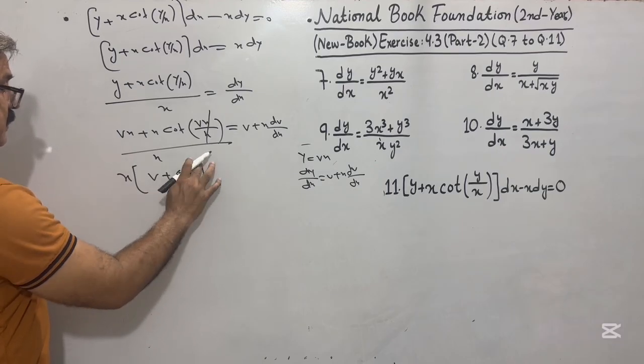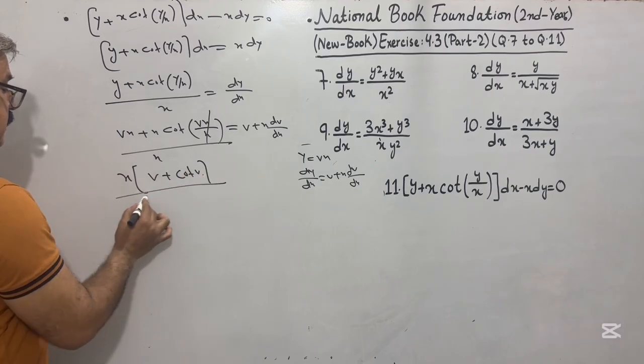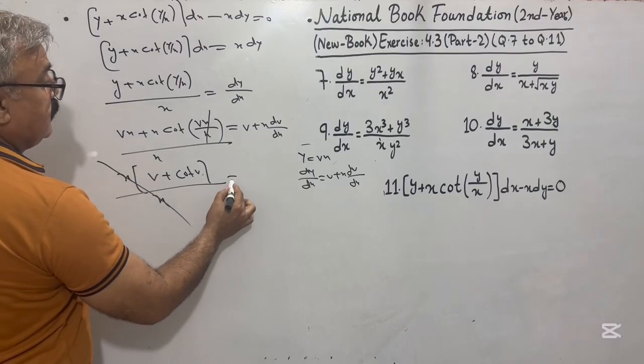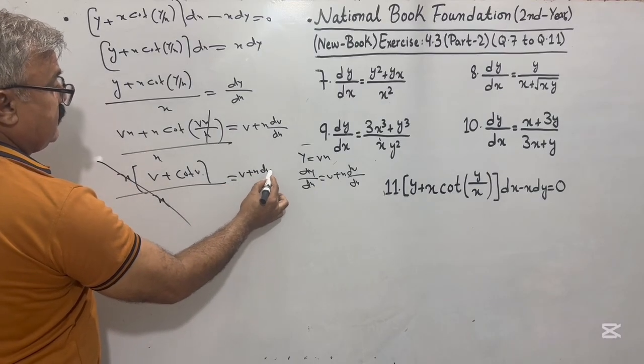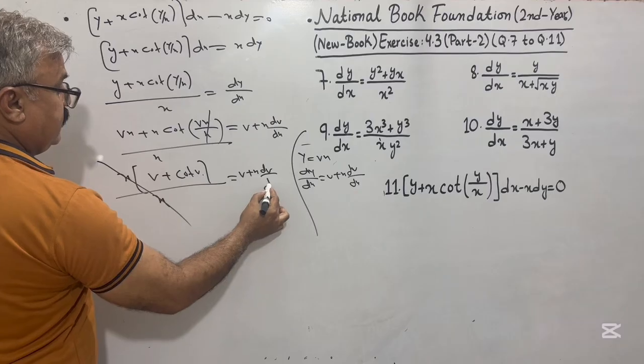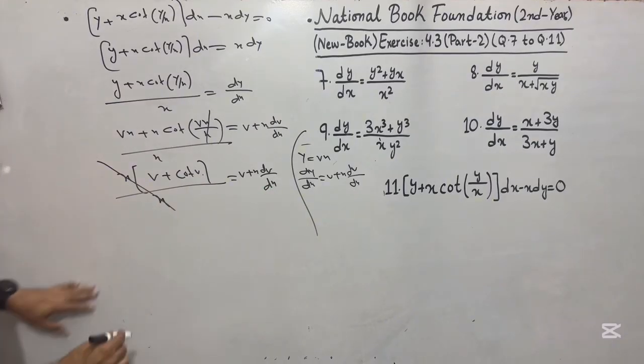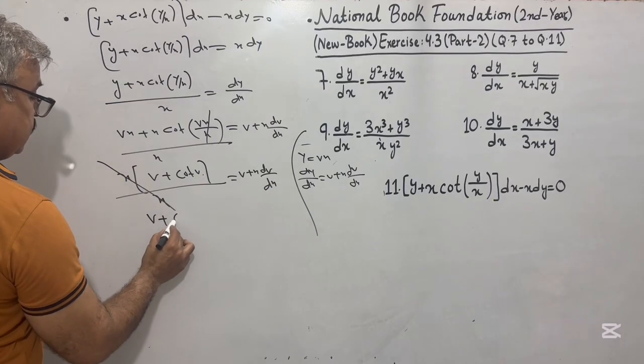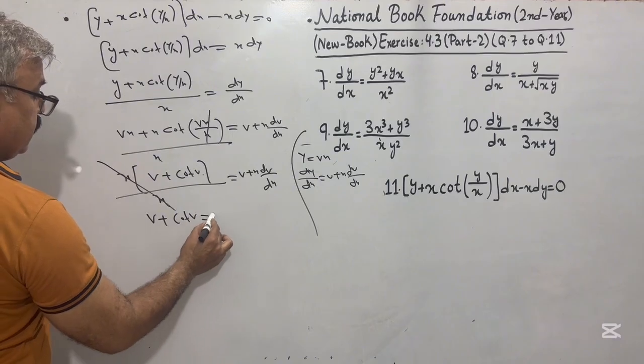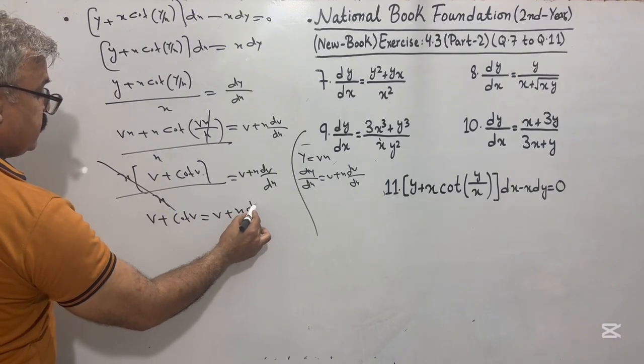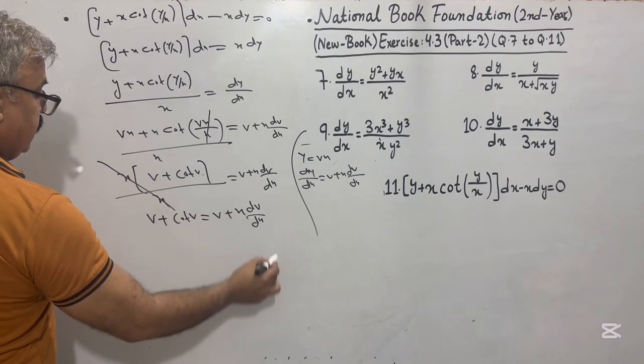Okay, it's going to be simple enough now. Divided by x cancelled out. We have v plus x times dv over dx. We are left with v plus cot v is equal to v plus x times dv over dx.